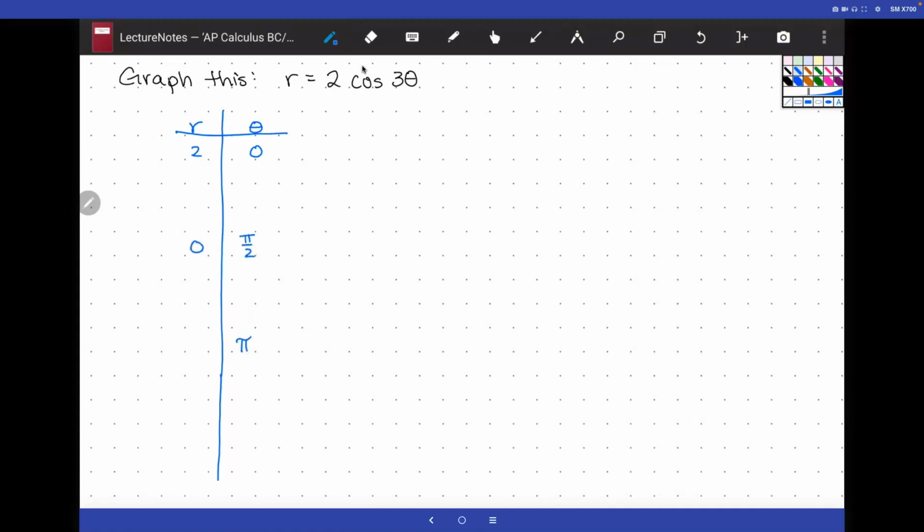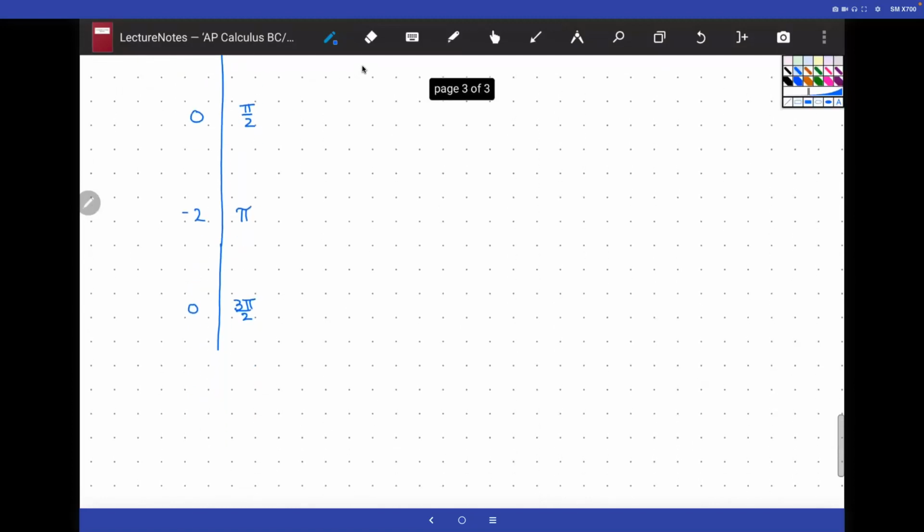If theta is pi, what did you say? Negative? And then 3 pi over 2? See, that'd be 9 pi over 2, which is the same thing as pi over 2. And then 2 pi.